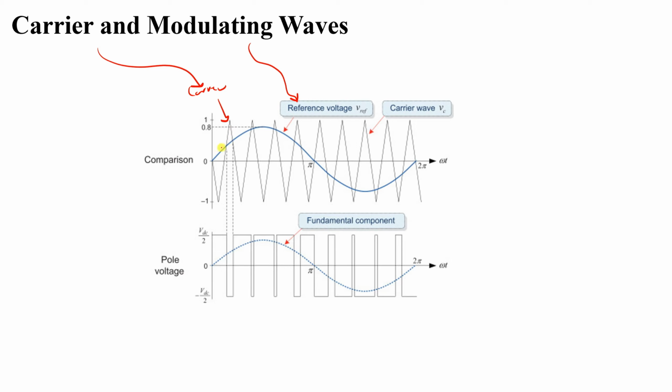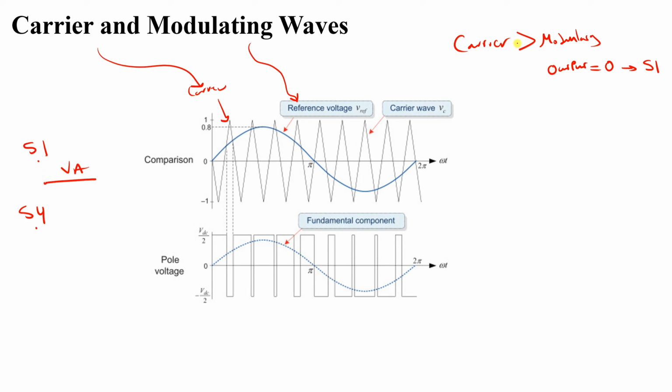Let's look here. So whenever the carrier, let's type it here, if carrier greater than modulating, then output would be equal to 0 for, let's say, S1. So we are talking about S1 and S4 for phase A. We have upper switch and lower switch.